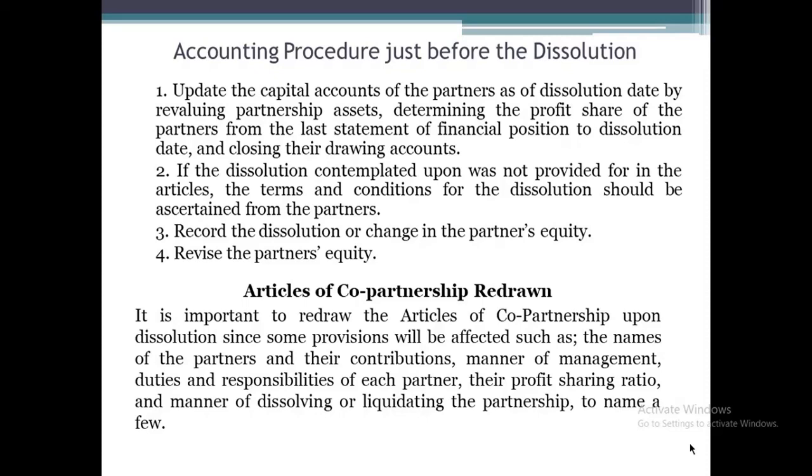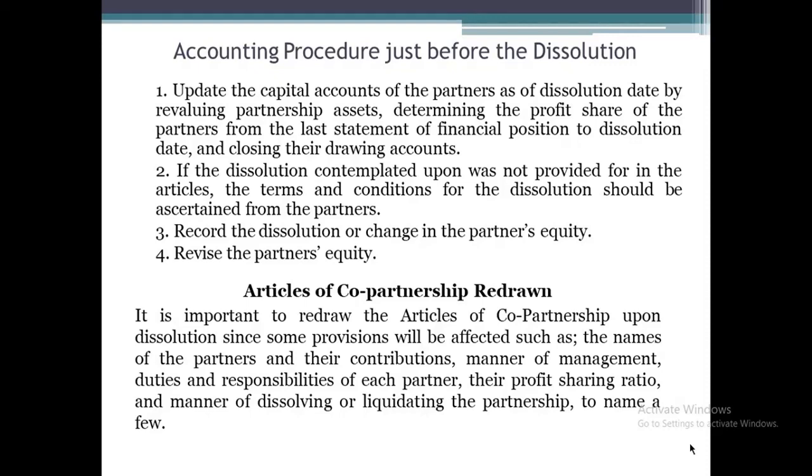Kapag yun hindi provided doon sa articles of co-partnership, dapat before dissolution, makapag-agree yung mga partners kung paano nila hatiin yung mga assets ng partnership. Like for example, so dapat may agreement, oral agreement kung paano nila hatiin yung mga yun.